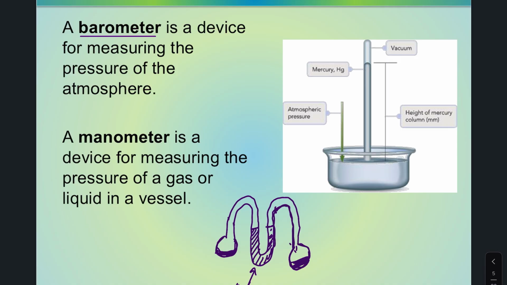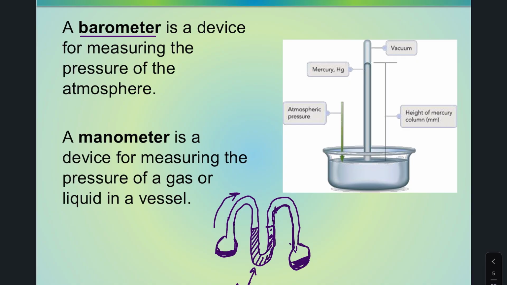If we have equal pressure on both sides, we will have no difference in the height of the mercury. So equal pressure on both sides is going to make the heights of the mercury exactly the same.